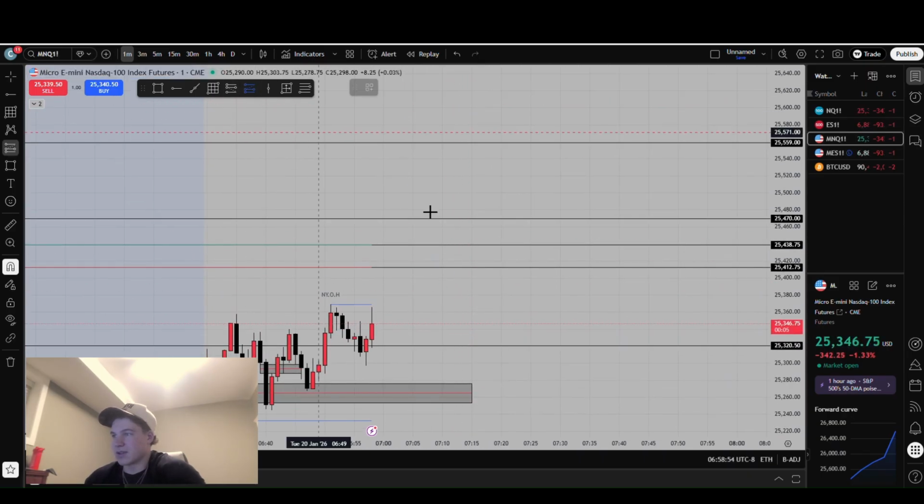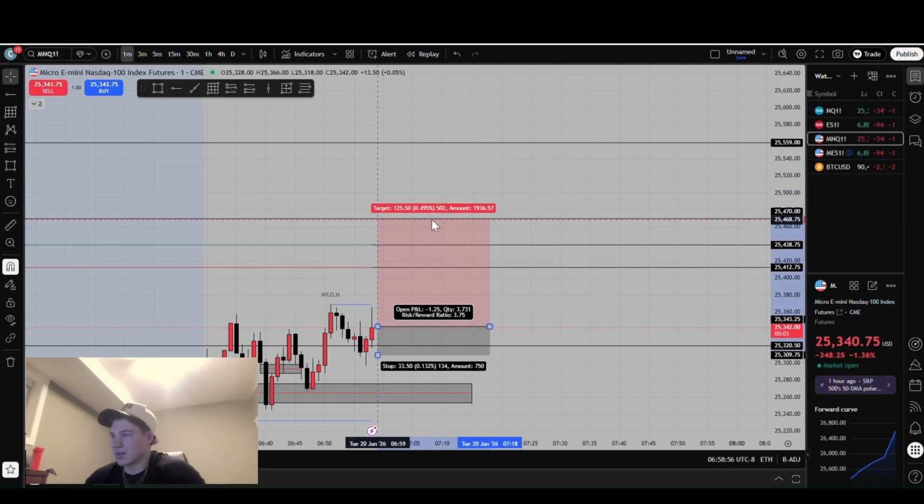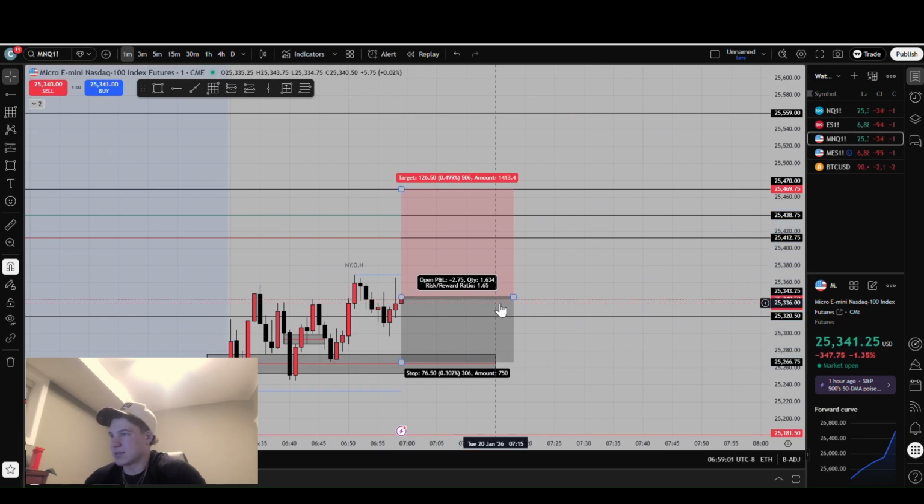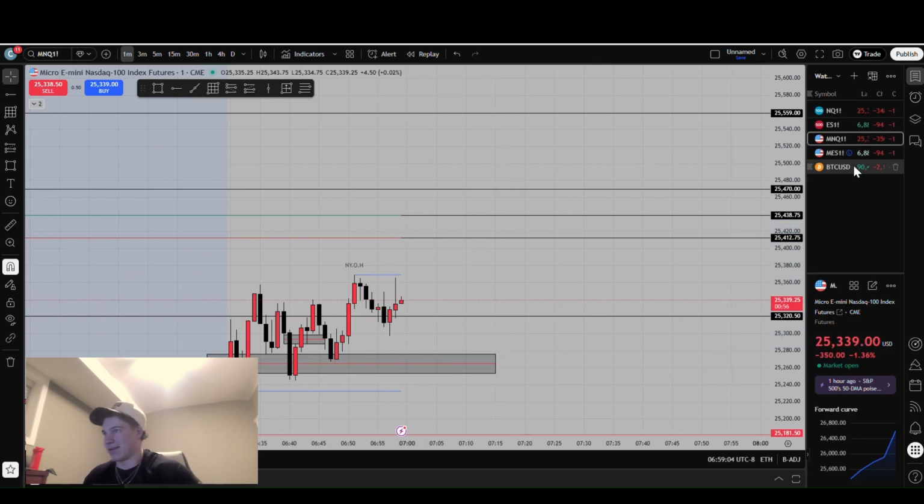Kind of things that make you want to take the trade on NQ, but that's a big move. That's not the best. This isn't the best looking wick either. Fuck.